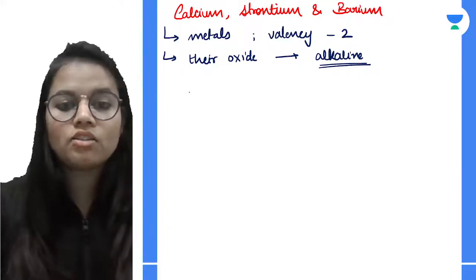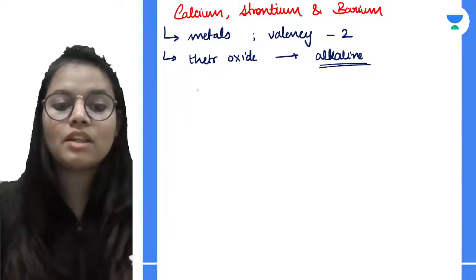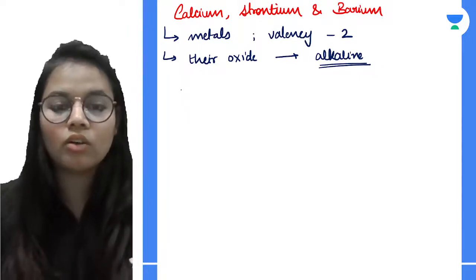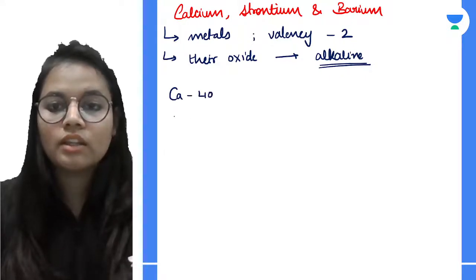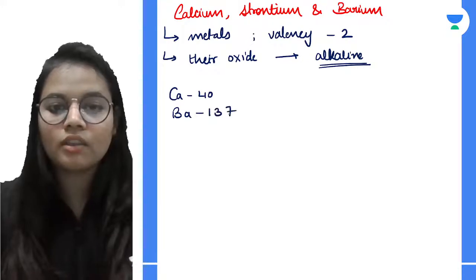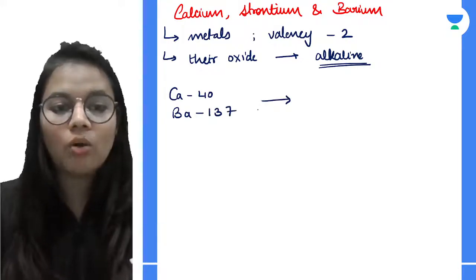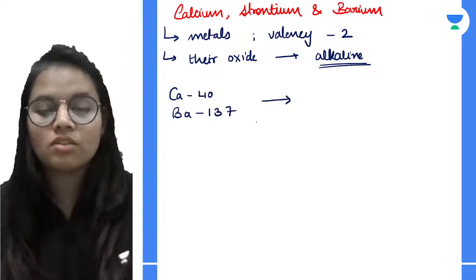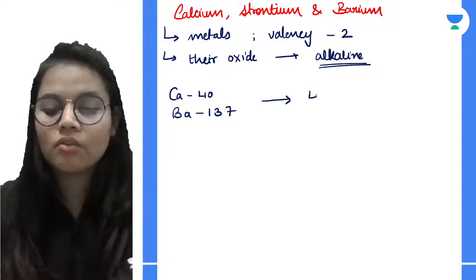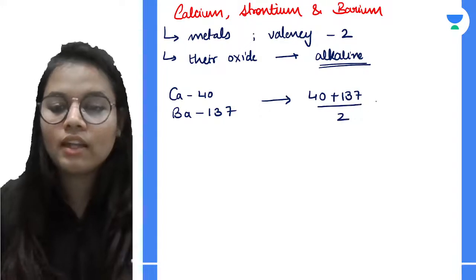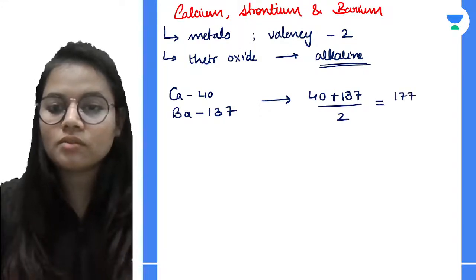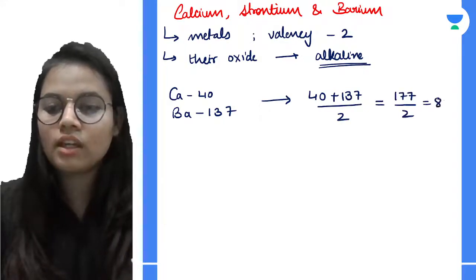Now let's talk about their mass and whether the law of triad applies or not. Calcium's atomic mass is 40. The atomic mass of barium is 137. Now if I take the average of these, what will I get? 40 plus 137 upon 2 is approximately 88.5.